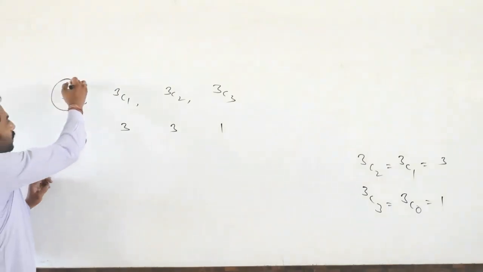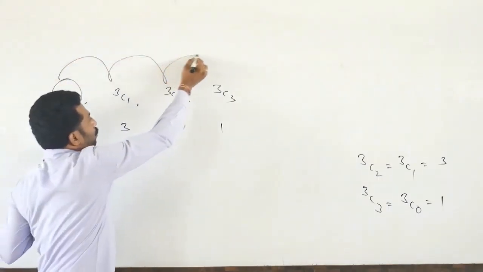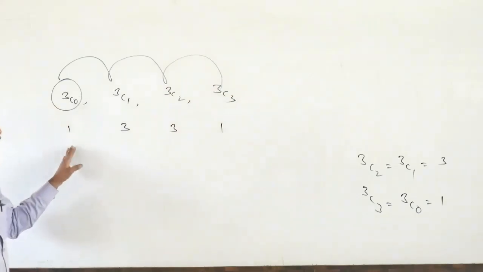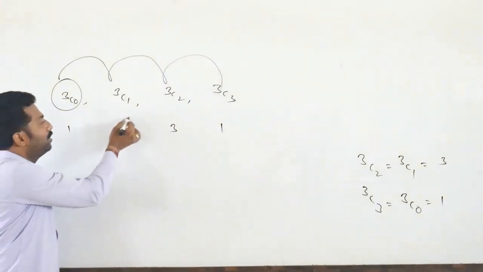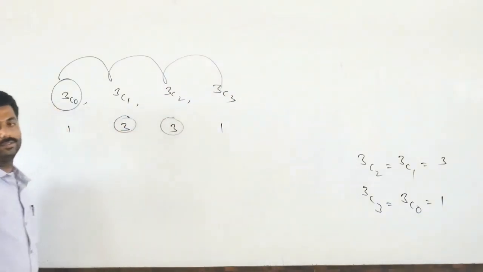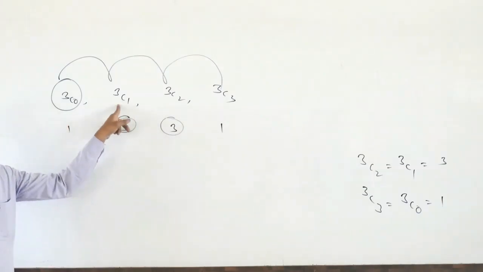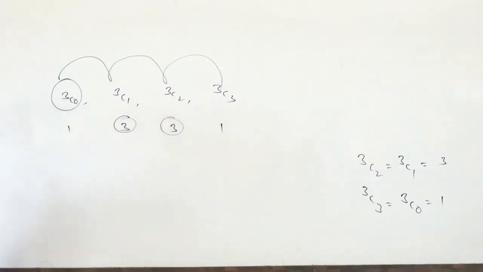So among 3C0, 3C1, 3C2, 3C3, the largest numbers are two: 3C1 and 3C2.